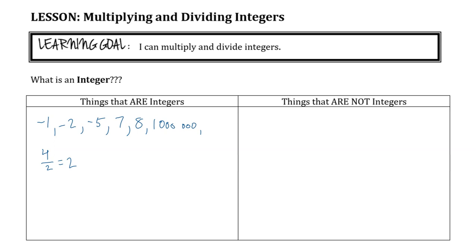But, there is that. I just said decimals and fractions are not integers. So give me some examples of things that are not integers.